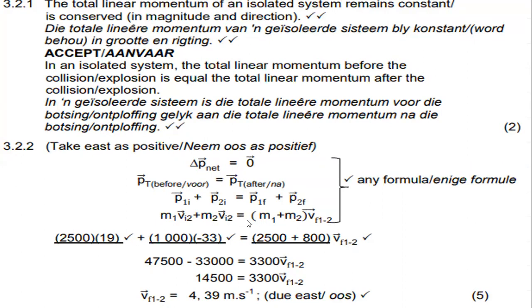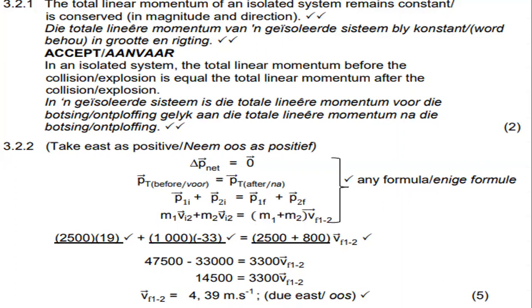It will be equal to, after the collision, remember, they were moving together as a unit. The truck and the car were moving together as a unit. So they have the same final velocity after the collision. And that is why the final velocity is taken out as a common factor. So when you take the velocity out as a common factor, you are going to have the mass of object 1 plus the mass of object 2 in brackets.